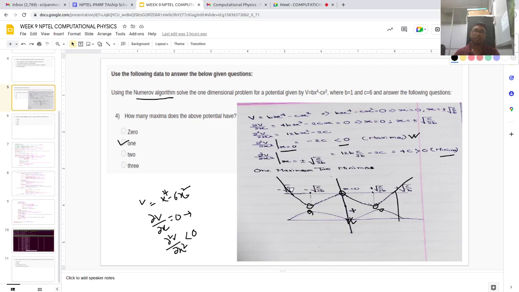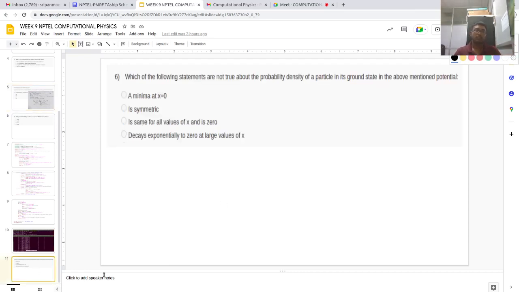Beyond these points, the potential is going to increase, essentially moving towards infinity, so we have wave functions which will be exponentially decaying as the position x increases, right? So which are not true, the question is asking for not true.